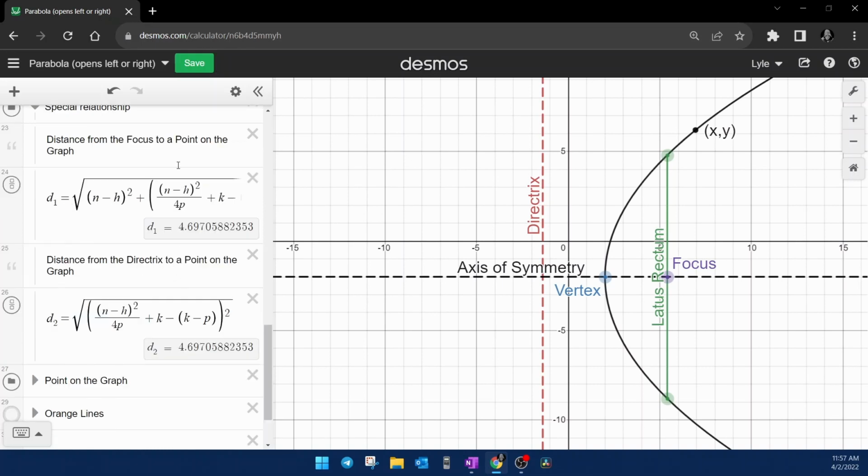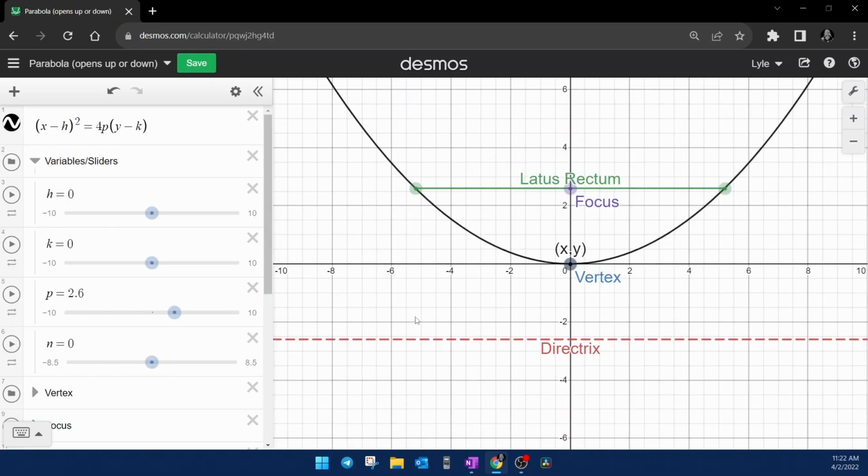And again, remember that special relationship I mentioned: depending on where the point is on the graph, the distance from the focus to the point on the graph, whatever that is, will be the same distance as the point to the directrix, perpendicular to the directrix. And that should cover all of the key components for the graphical representation of the parabolas.